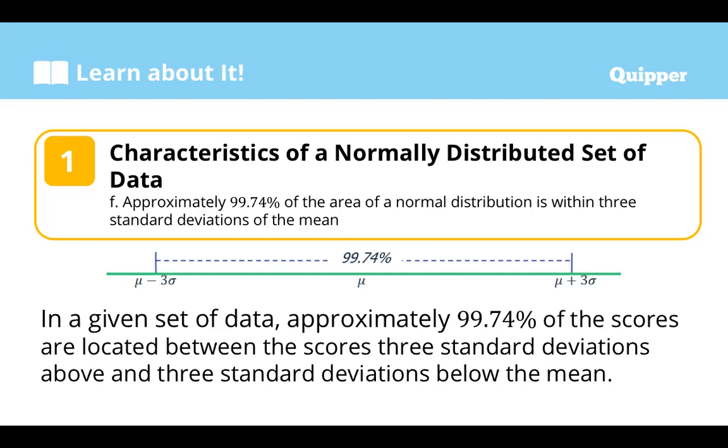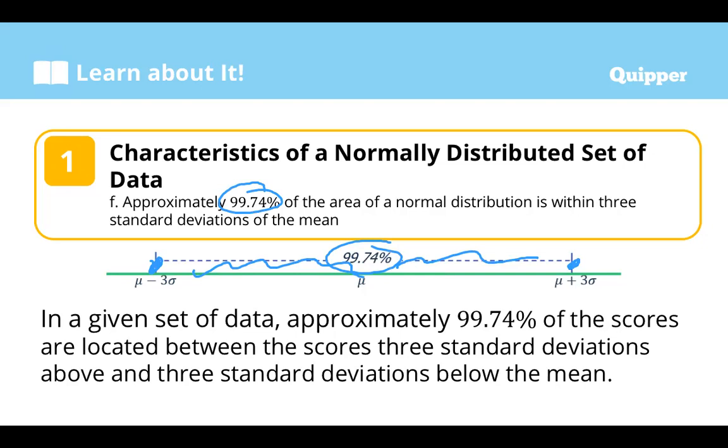And for the F, since we have 1, 2, and syempre meron din tayong 3 standard deviations. So if we have from this below and above 3 standard deviations, we have the area as 99.74%. Okay, 99.74% of the area of normal distributions is within 3 standard deviations of the mean.